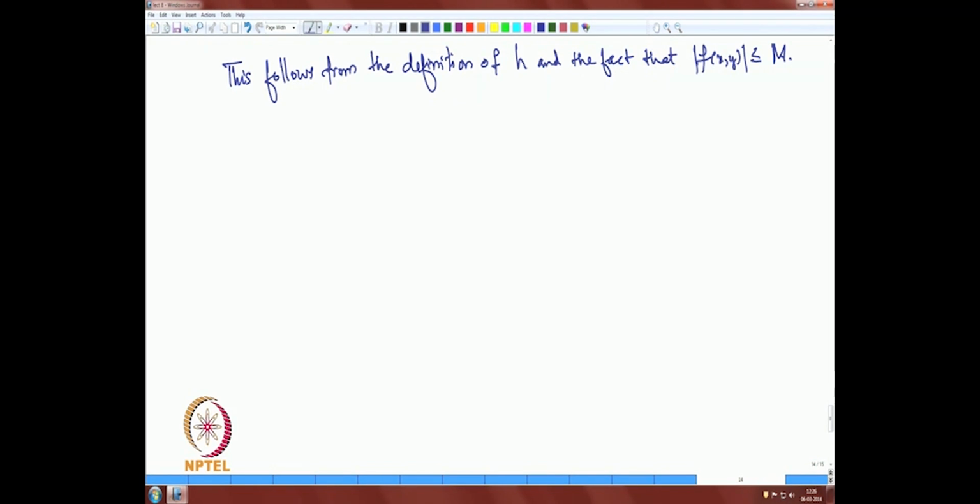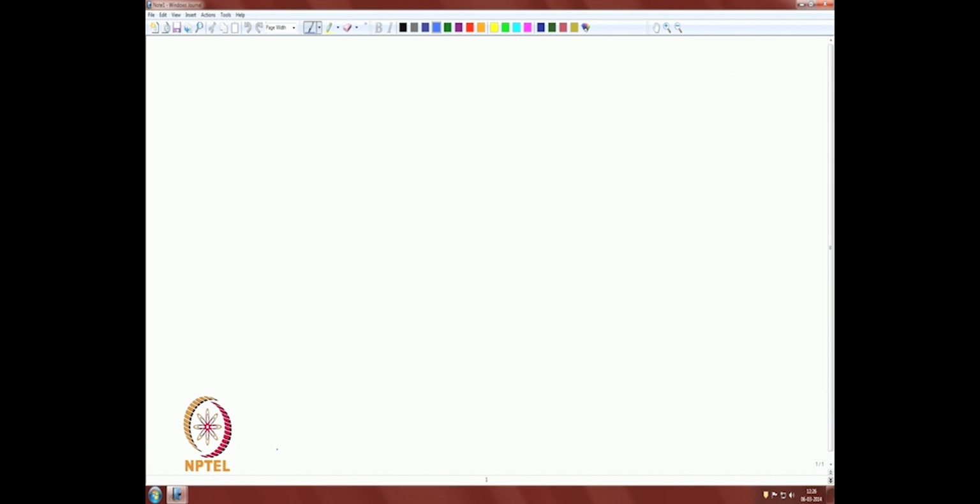Now, we define the approximate solution on each subinterval, in the same way.